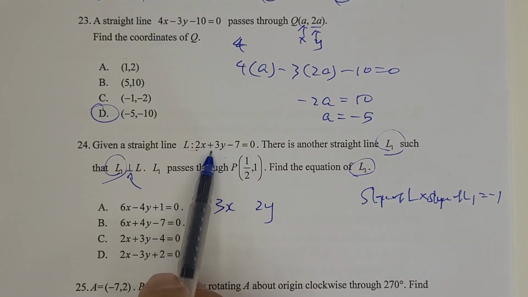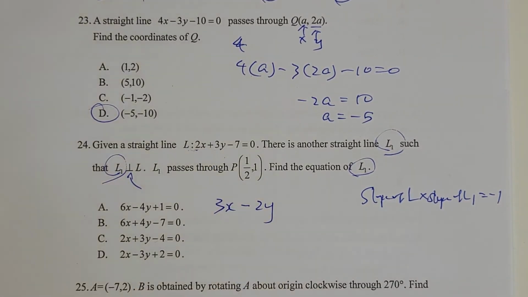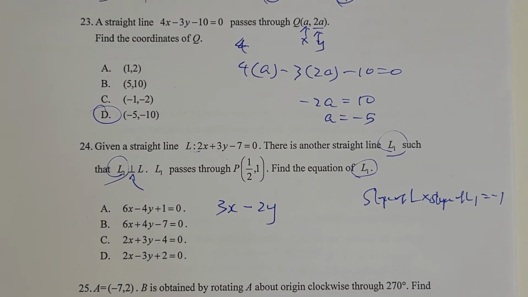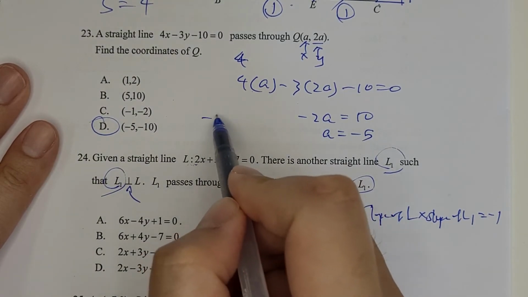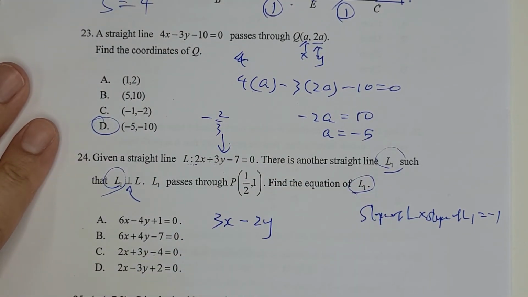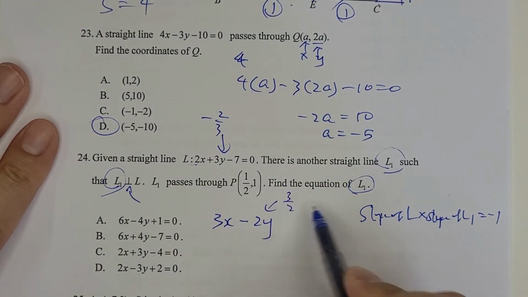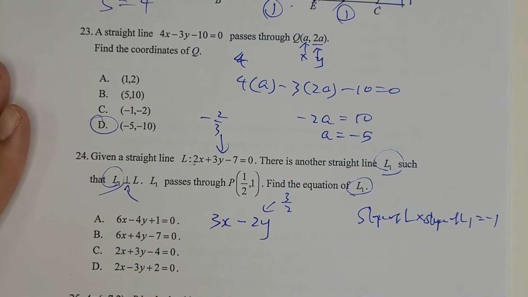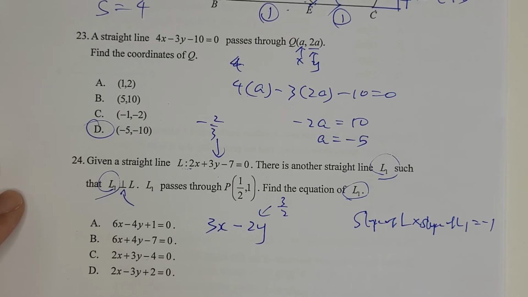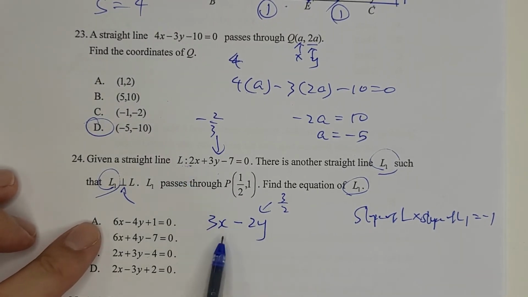So in here you can see there's a positive sign, you need to change the sign, this becomes negative. So you can see that if I change in this way, the slope of L is negative 2 over 3, and the slope of L1 is 3 over 2. Luckily, we find that it can be cancelled and form the product of the slope, negative 1. So that's the faster way to form the equation of L1.